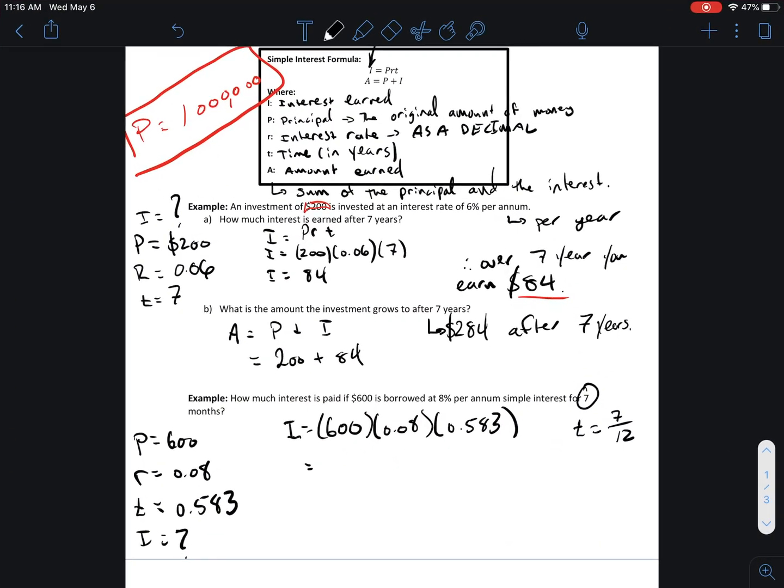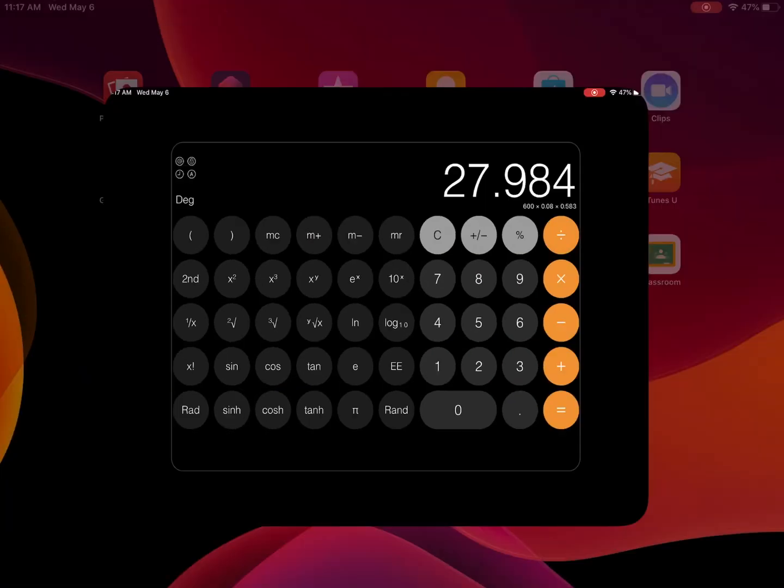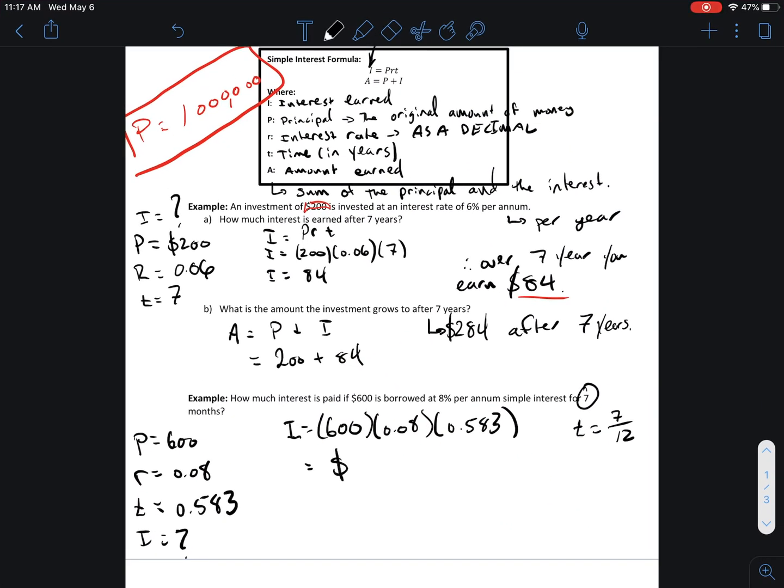Again, your answer depends on how many decimal places you carry. For this question, our answer came out to be 27.98, so let's put that down.